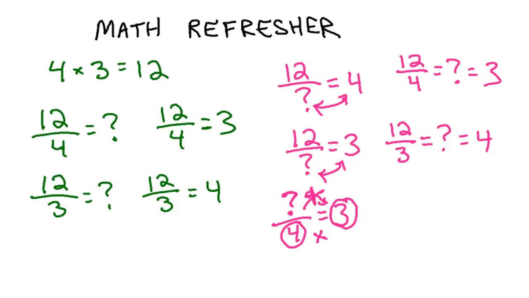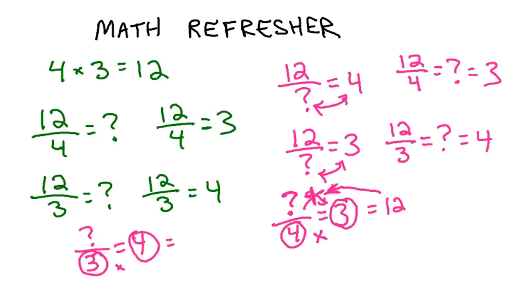So 4 times 3 equals 12. So 12 is that question mark, that top number on the division bar. So if you have question mark divided by 3 equals 4, you're just going to take the 3 times the 4, and that's going to give you 12, which is what the question mark is.